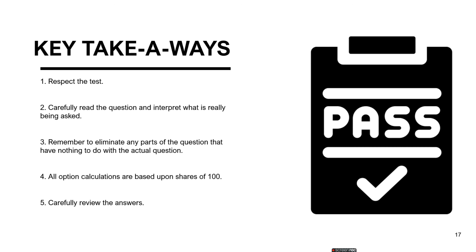Number 4, all options calculations are based upon shares of 100. Number 5, carefully review the answers. Once again, I want to reiterate the point that you have to respect the test.